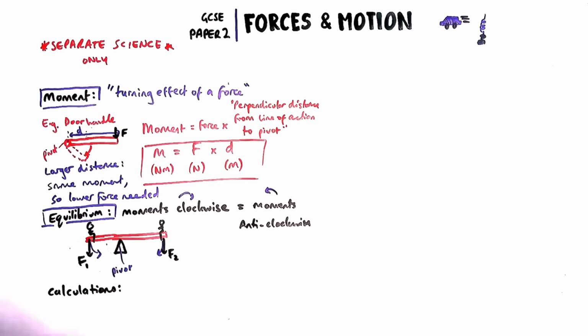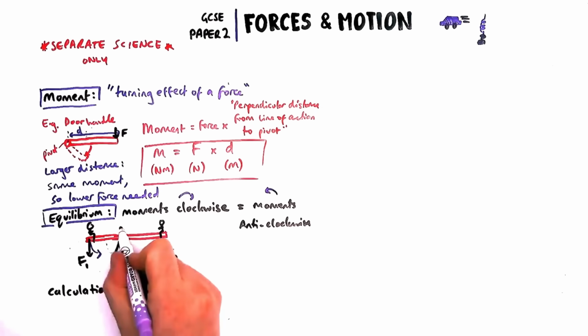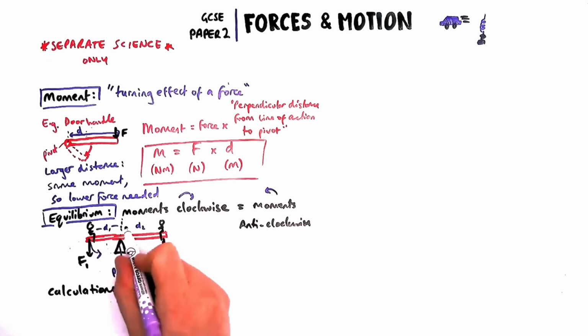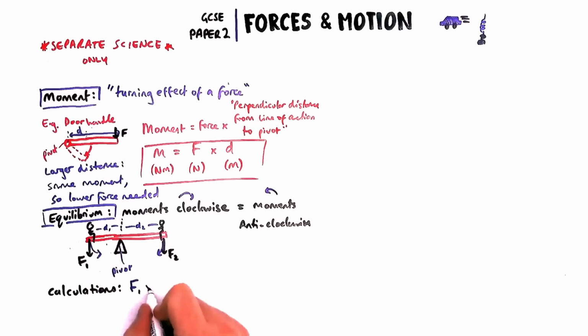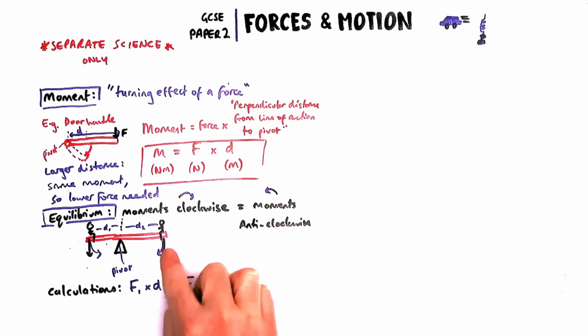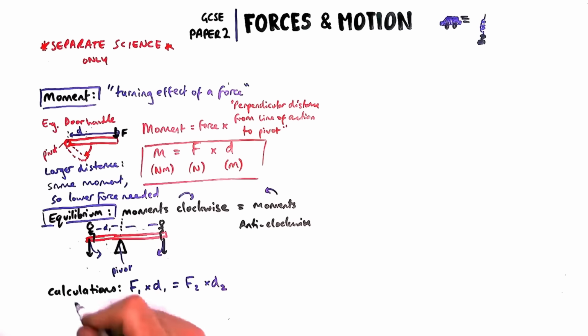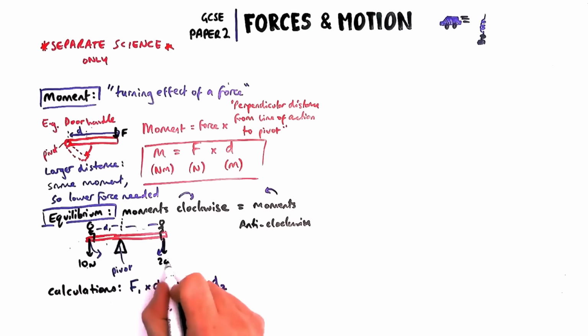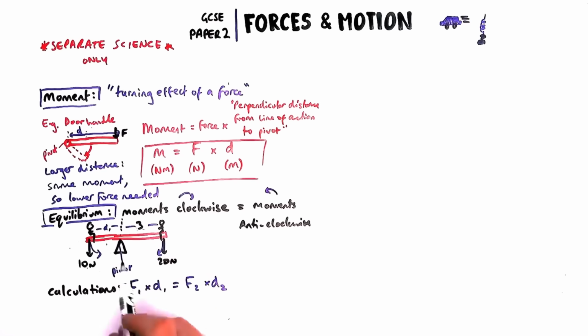Considering going clockwise and anti-clockwise, if I know the force of person 1 times the distance they are from the pivot, then that has to equal the force of person 2 multiplied by the distance they are from the pivot. Putting numbers into this, if the weight of person 1 is 10 newtons, multiplied by the distance of person 1, that is going to equal the weight of person 2, 20 newtons, times 3 meters in this case.